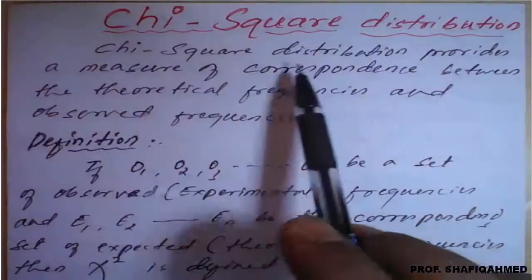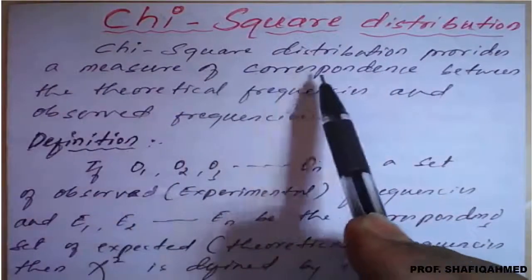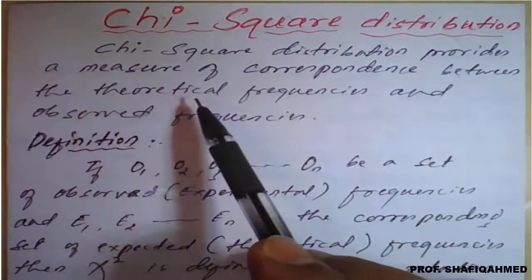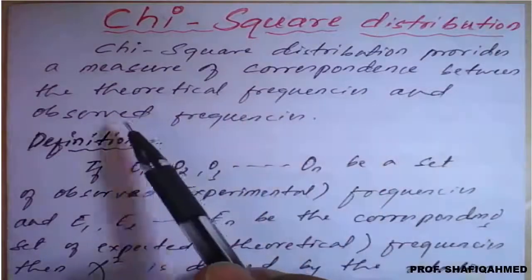Chi-square distribution provides a measure of correspondence between the theoretical frequency and the observed frequency.